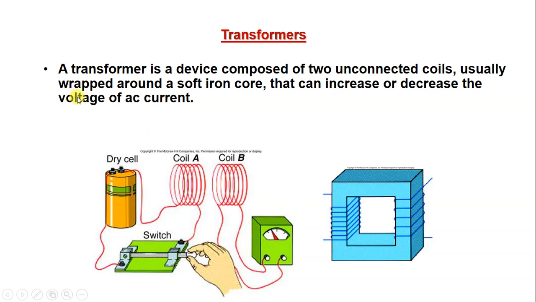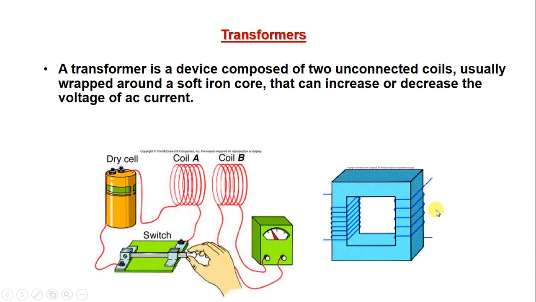So a transformer, as we said from its name, transforms the voltage. I will explain the use of the transformer and why we want to transform the voltage later. The most important thing now is to understand the components of a transformer.